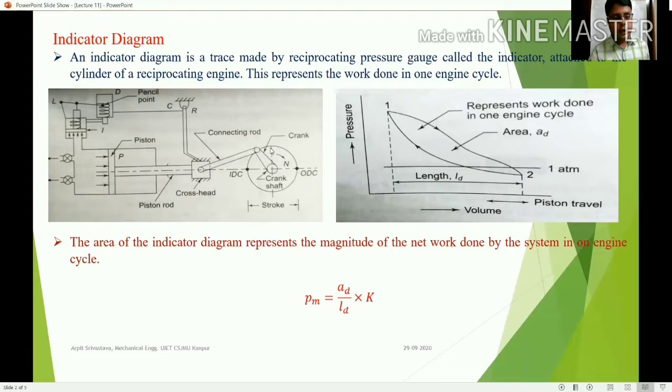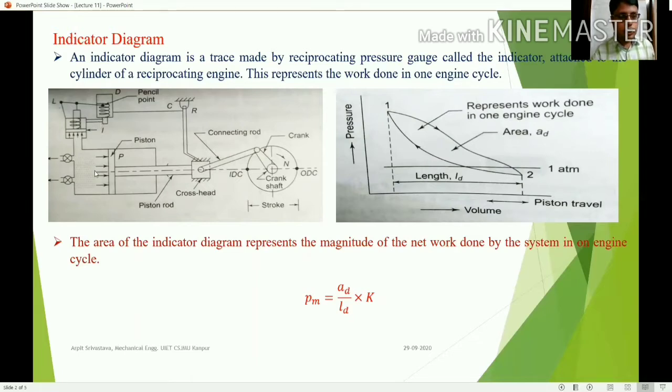So what is happening in this figure? There are two types of piston, one that is connected with this wheel and the other one that is situated here, to trace the PV diagram.